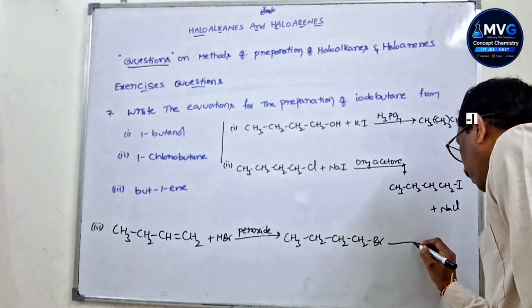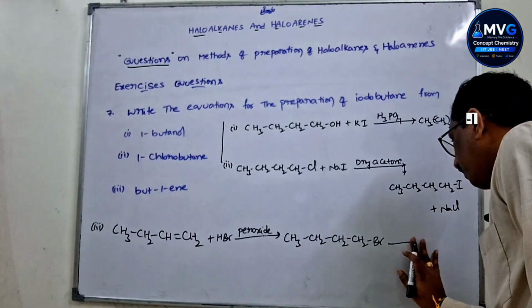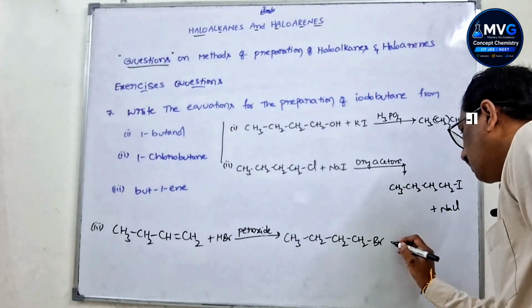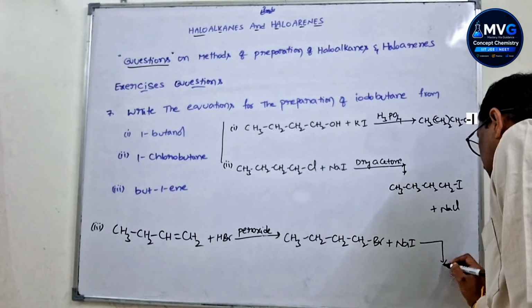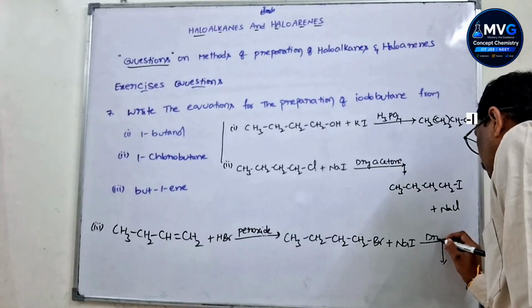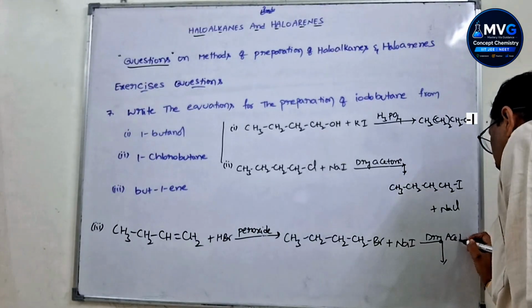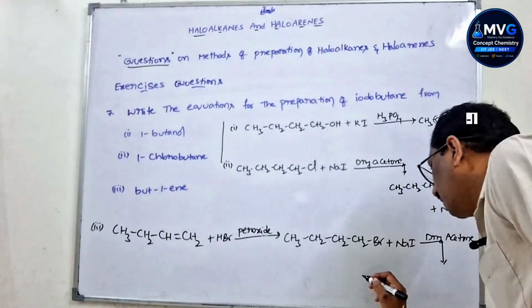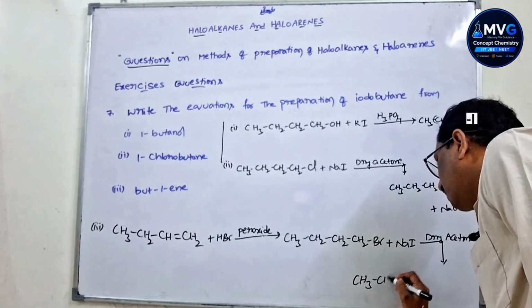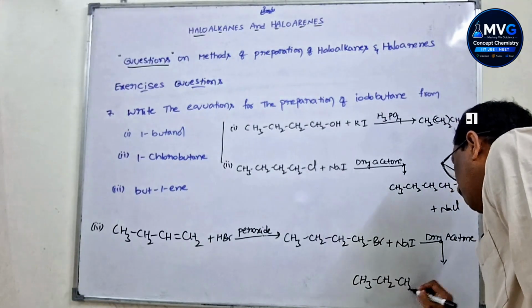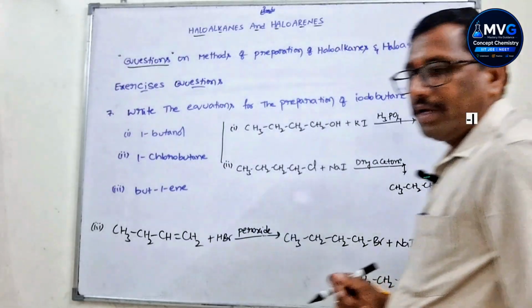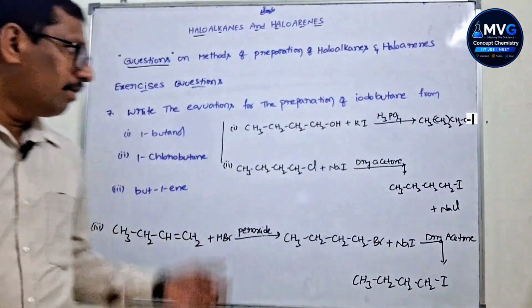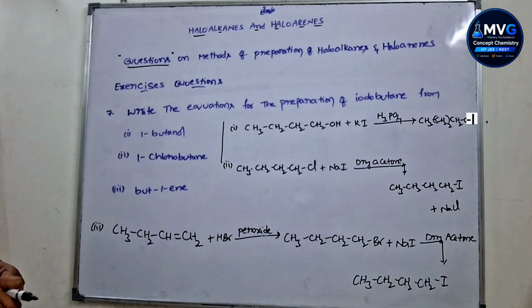This one further reacts with NaI in the presence of dry acetone, Finkelstein reaction, and it gives the iodobutane, CH3, CH2, CH2, CH2I. Like this, we are preparing this iodobutane, students. Please note down.